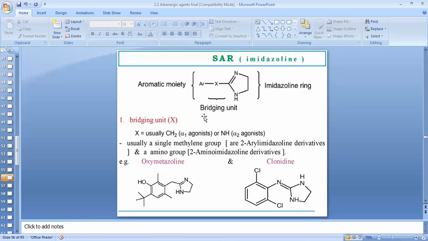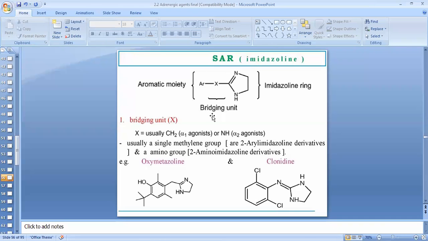Now, the aromatic moiety, or the second category of drug molecules, which have similar types of structures. Earlier we saw drug molecules whose common structural parameter was the beta phenyl ethyl amine ring. Now, instead of beta phenyl ethyl amine, there is an imidazoline ring.